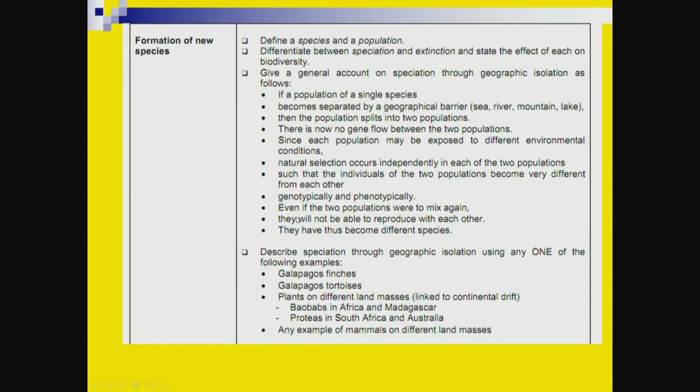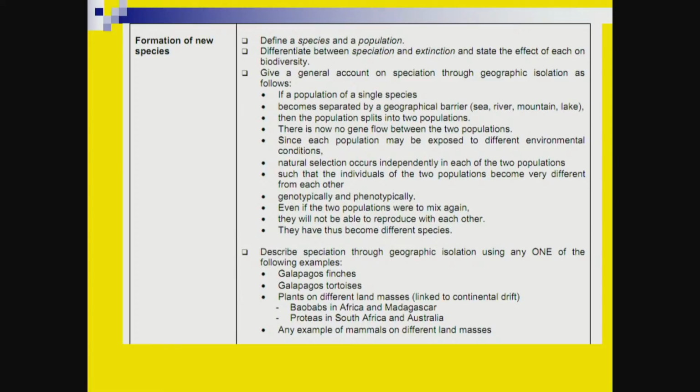Right, I want to take some time on the formation of a new species, which is called speciation. First of all, learners get confused about the format and the way of answering speciation and the way of answering natural selection, especially if they ask both in a question.